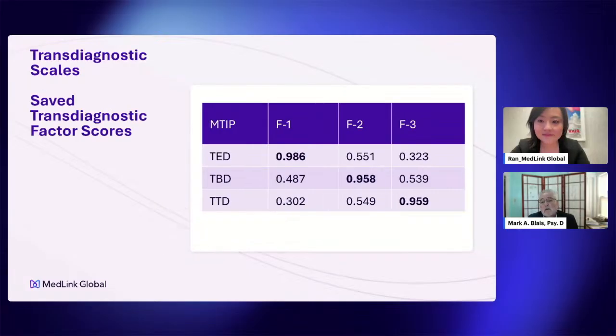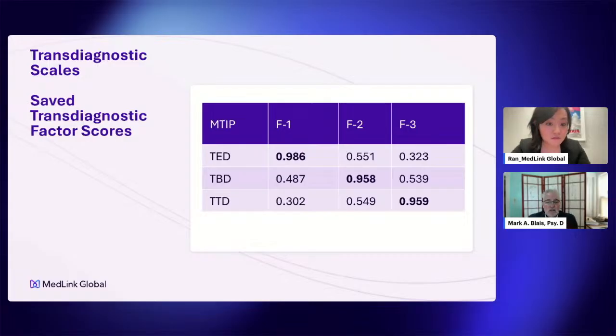Now, remember back to when I said we saved the factor scores. What I want to use those to do is to see how well our transdiagnostic core dimensions reflect the underlying factors. So we correlated the transdiagnostic emotional distress factor scale with its factor. The correlation was 0.98.